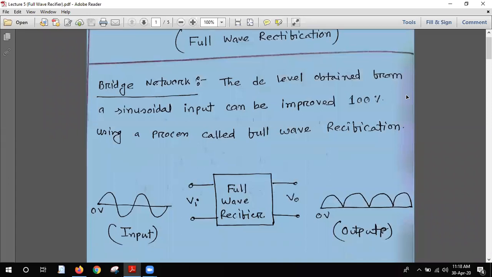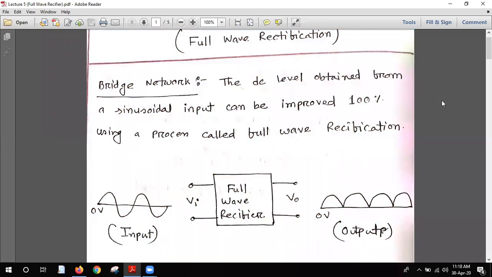So basically we are starting the diodes. In the last class, we saw the application of diode. We saw the half wave rectifier, where from the AC signal, both positive and negative parts, the half wave rectifier can only give the output in the half cycle.